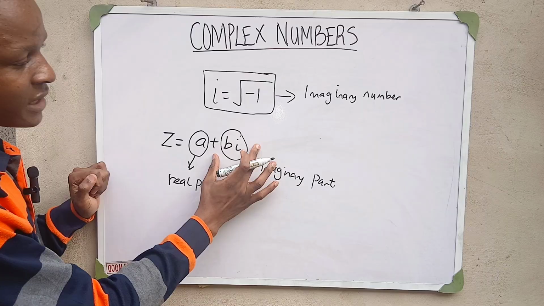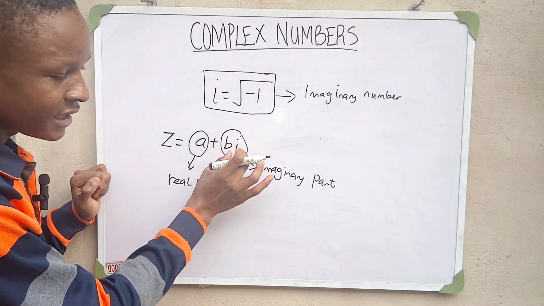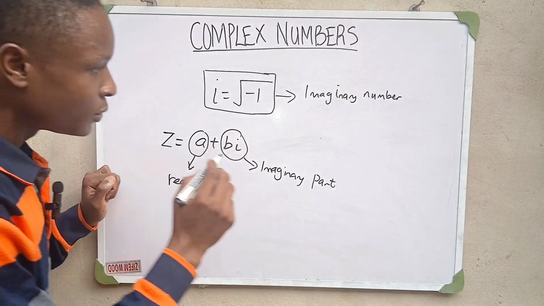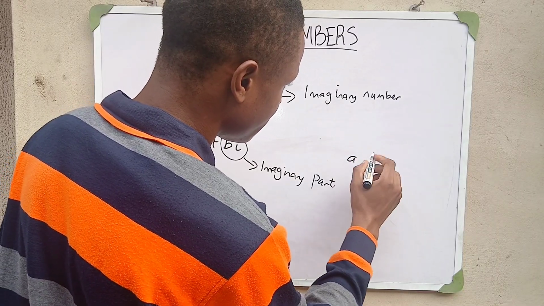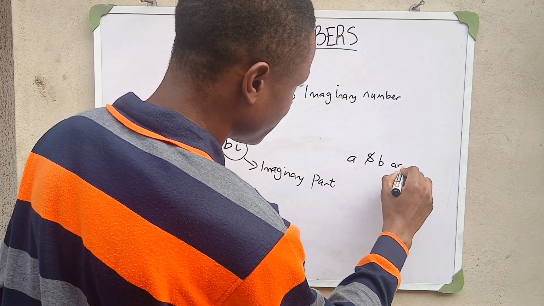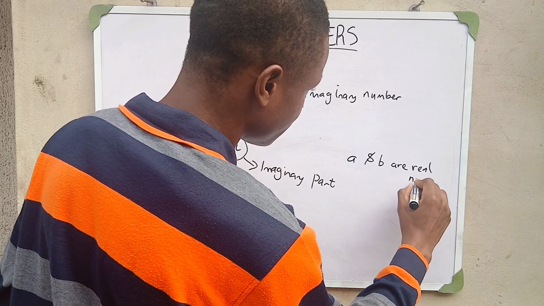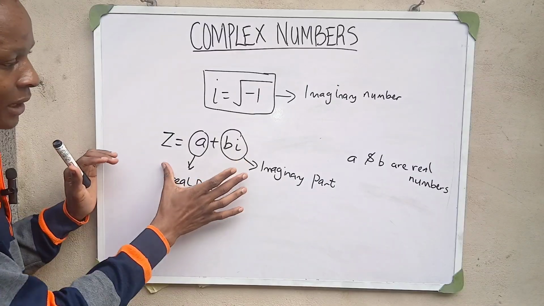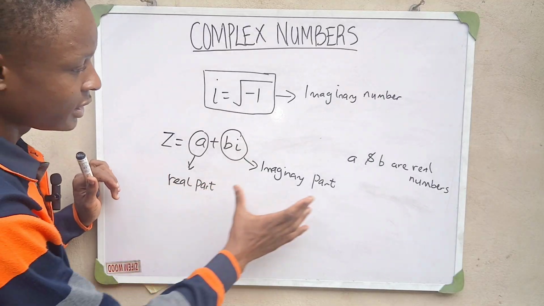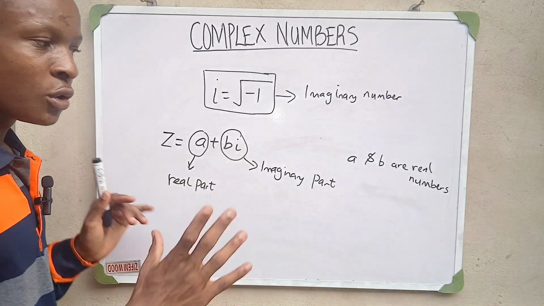What made this part imaginary is because of i. i is an imaginary number. a and b are real numbers. So anytime we have numbers like this containing the real part and the imaginary part, we call it a complex number.